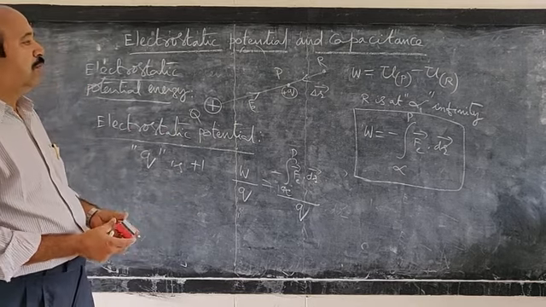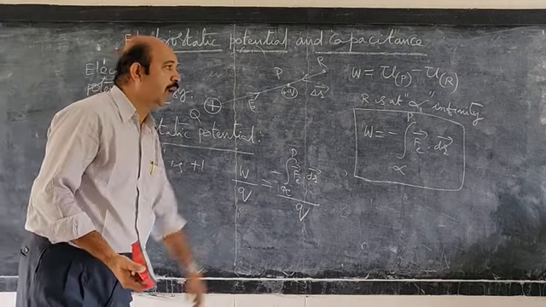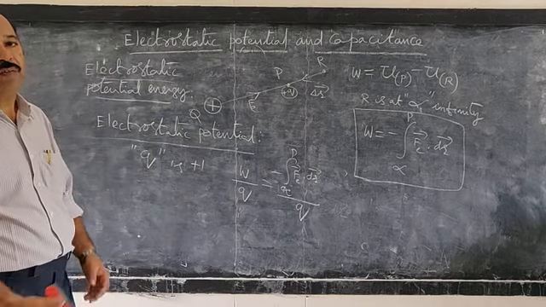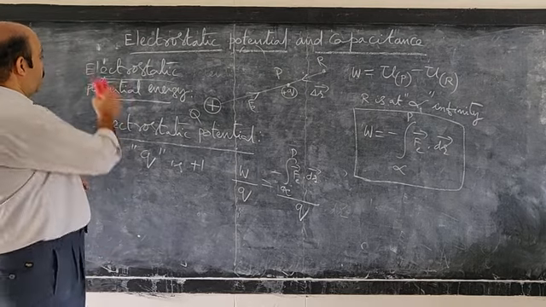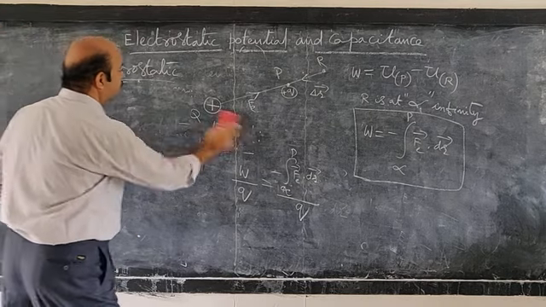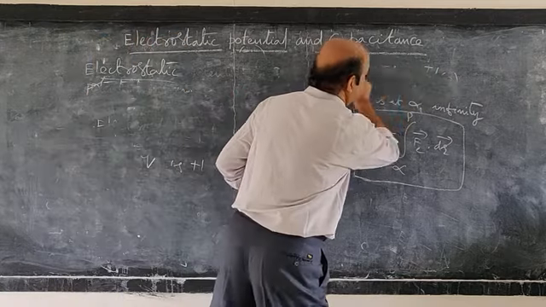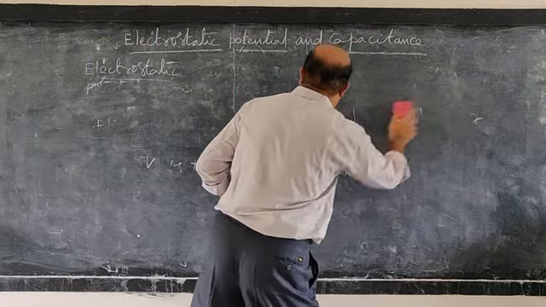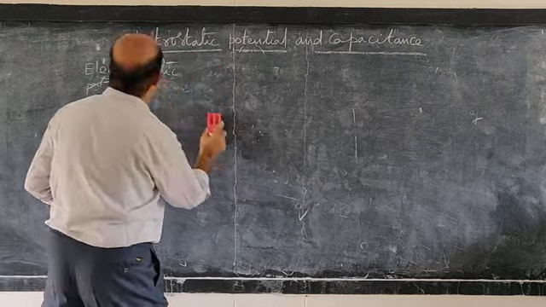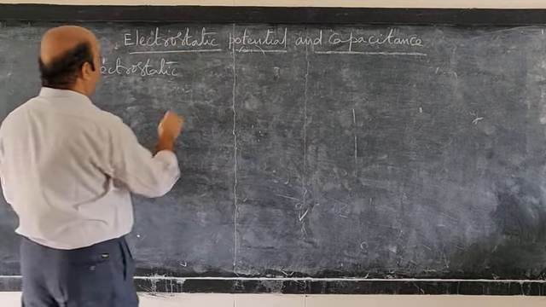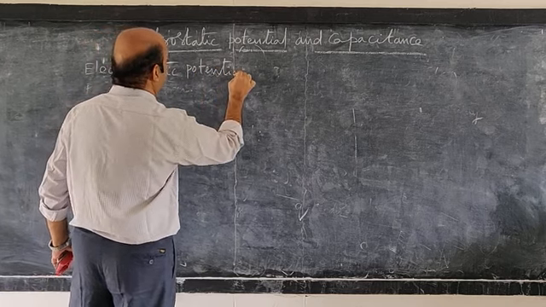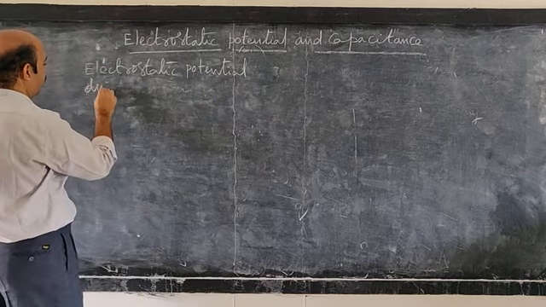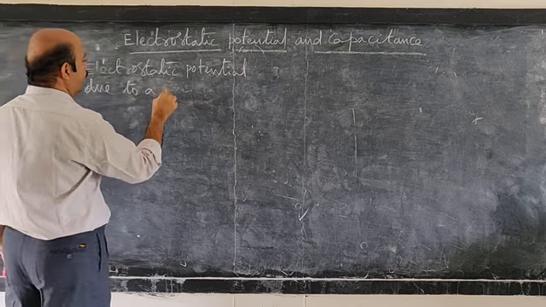Now, using this formula, we will derive the equation for the electrostatic potential due to a point charge.